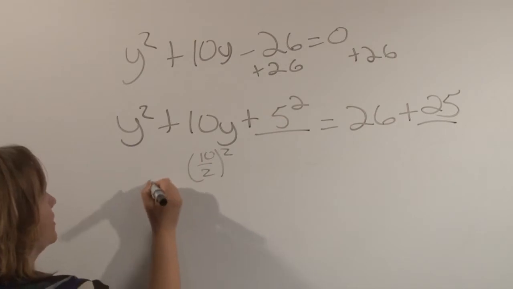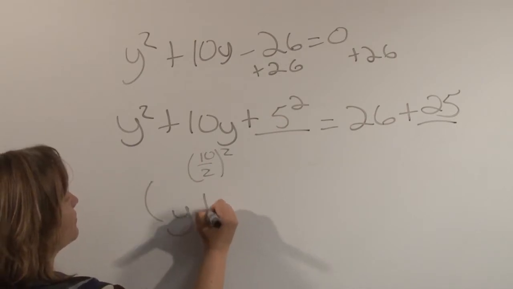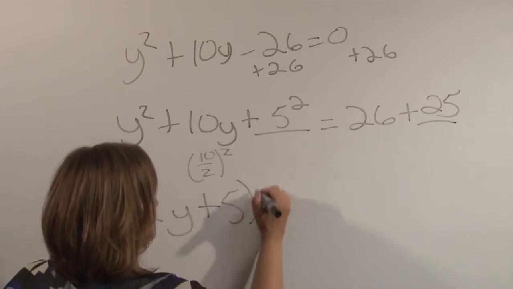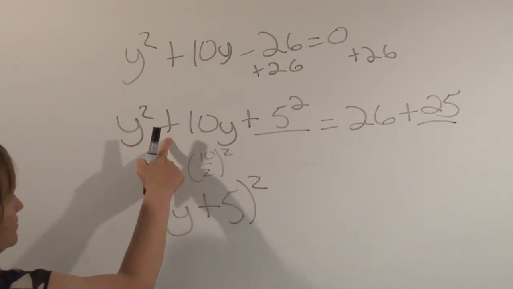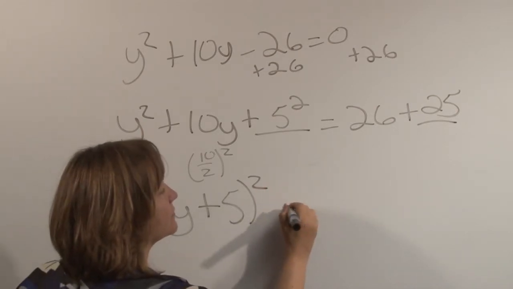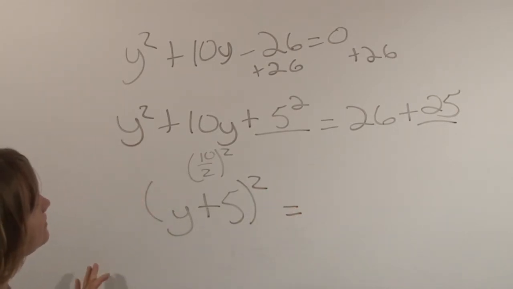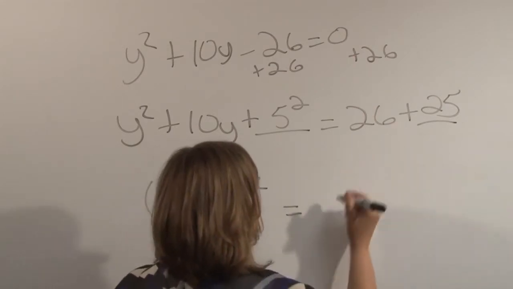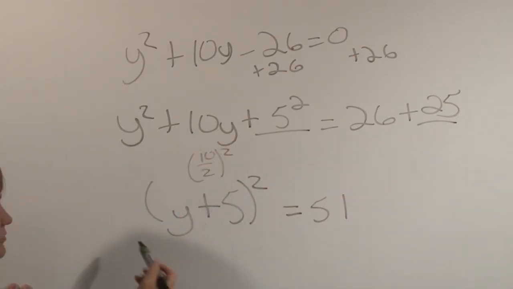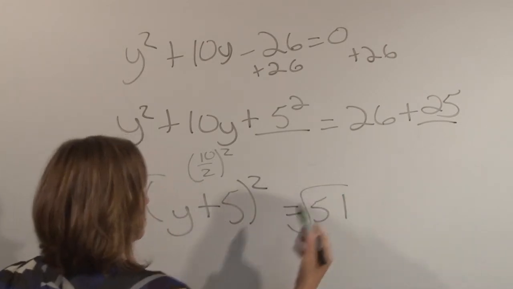This side, we know how it factors because we forced it into the perfect square trinomial. So I can square root this, keep this sign, and square root that, put it here, square the whole answer. And 26 plus 25 is 51. And now, square root both sides by the square root property.